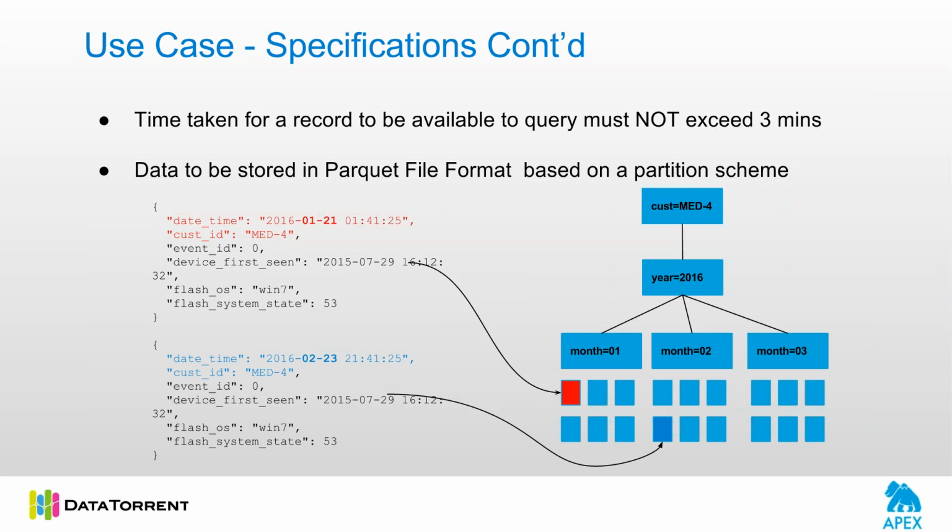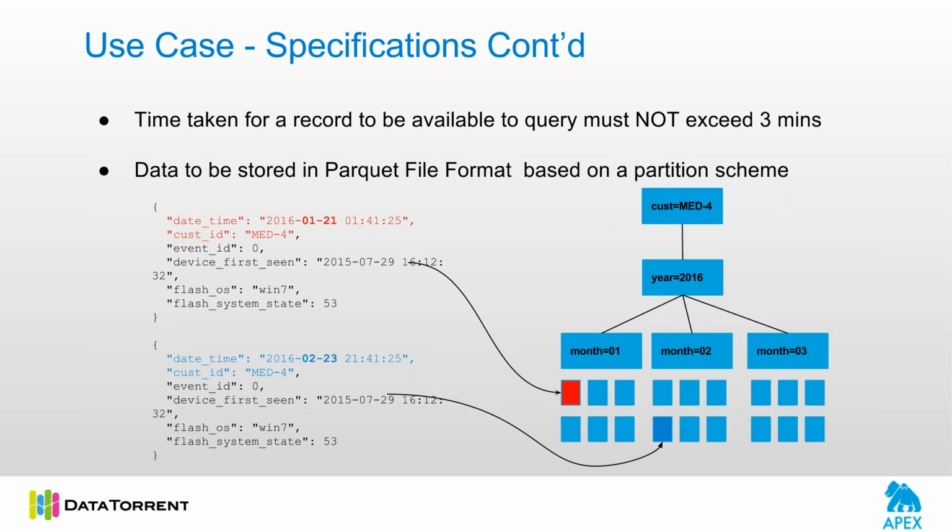Each record had a field, date, time, and a customer ID, and so we had to partition it using these two fields. At the top level, we had each directory representing a particular customer, and within the customer, we had directories for each year, and within that, we had directories for each month.